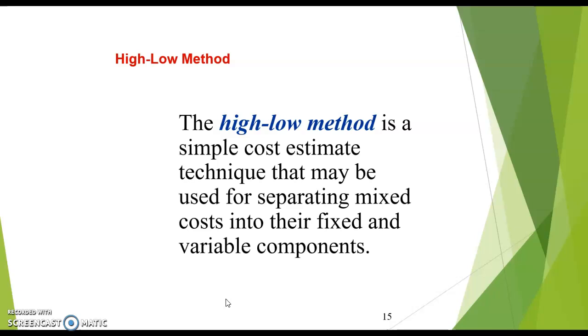So one of the quick and dirty ways to do that is to use the high-low method. It's basically simple. It's not super accurate, however. So if they're trying to decide something where they really need it to be accurate, they should use regression analysis, which uses statistics.